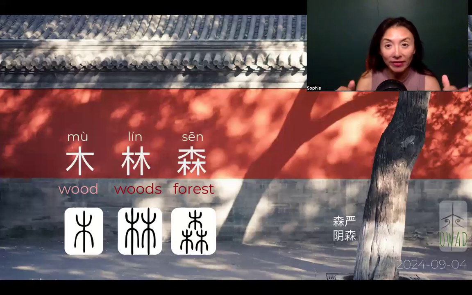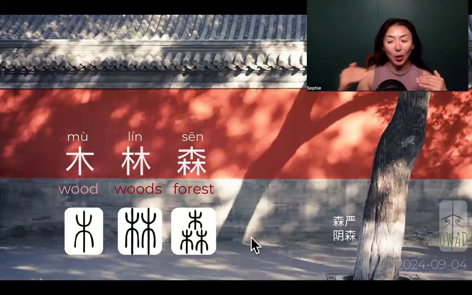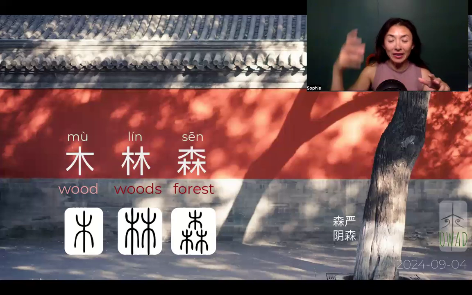That's based on one dimension. It's the surface of the ground, how densely the trees are covered. Sen, however, provides this visual vertical space. So besides the density, it also has diversity.